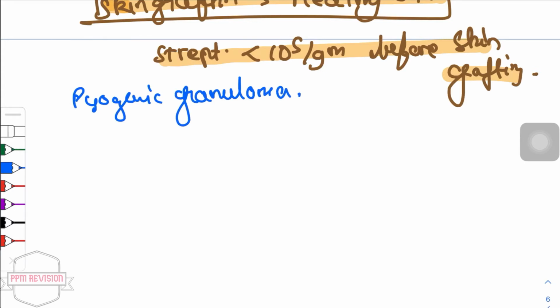Pyogenic granuloma is a type of exuberant tissue. So it is a subheading of exuberant granulation tissue.